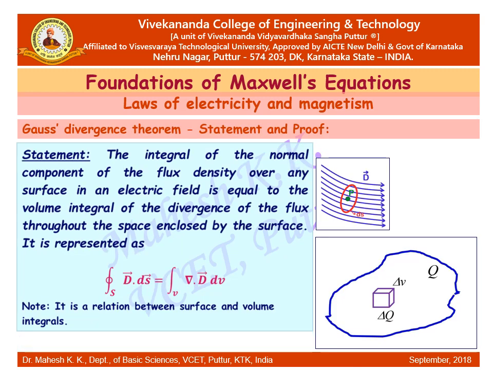Next, let us go for one of the important theorems, that is Gauss divergence theorem. Let us see its statement first. The integral of the normal component of the flux density over the surface in an electric field is equal to the volume integral of the divergence of the flux throughout the space enclosed by the surface.